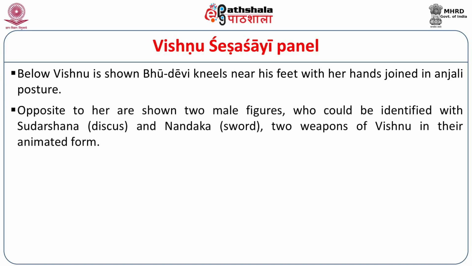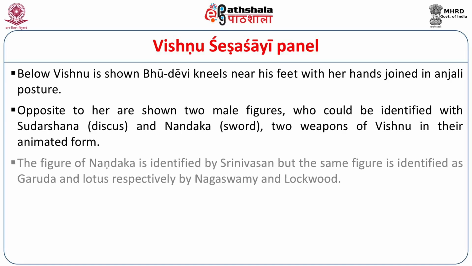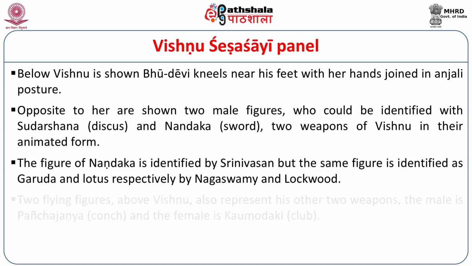Opposite to her are shown two male figures who could be identified with Sudarshana, the disc, and Nandaka, the sword, two weapons of Vishnu in their animated form. The figure of Nandaka is identified by Srinivasan, but the same figure is identified as Garuda and Lotus respectively by Nagasamy and the later art historian Lockwood.